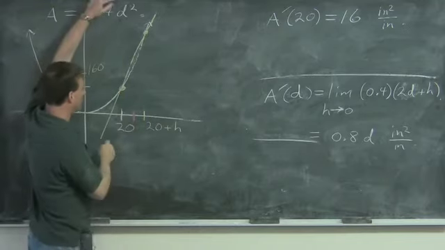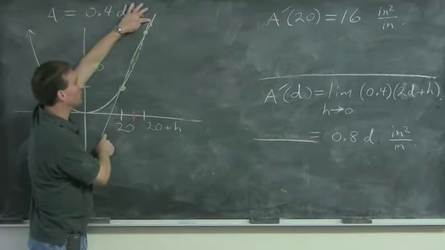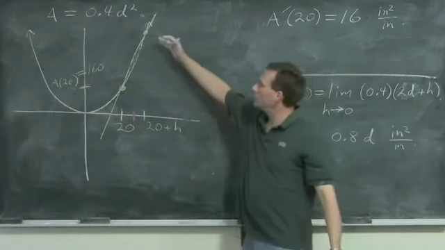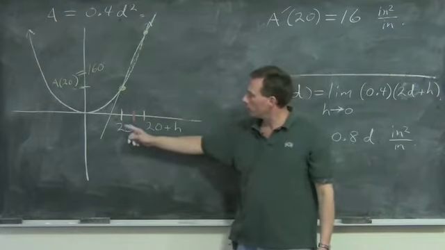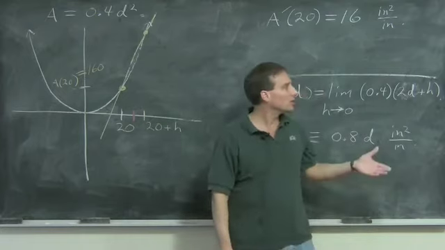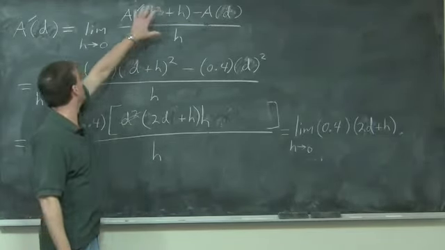I should have been more careful. This secant line, what's the point of drawing the secant line? Its slope is the average rate of change. The slope of this secant line is the average rate of change of the function between d equals 20 and d equals 20 plus h. Right? So its slope is this.